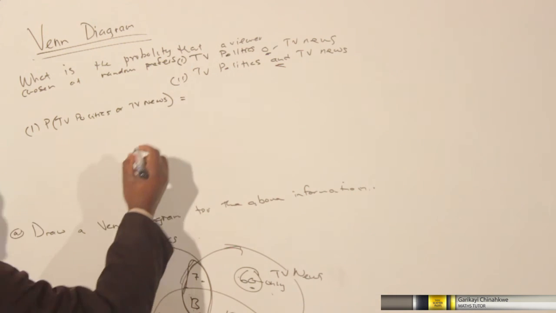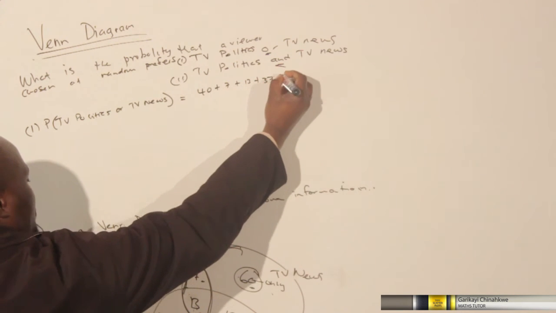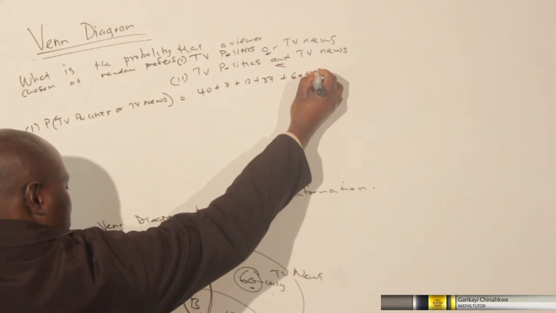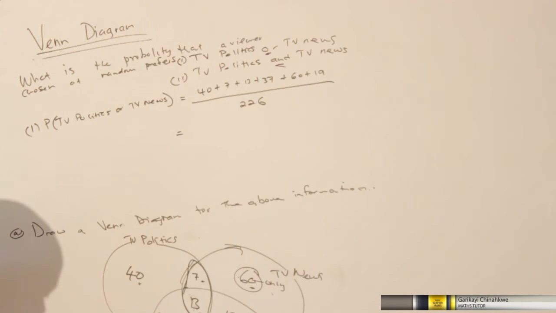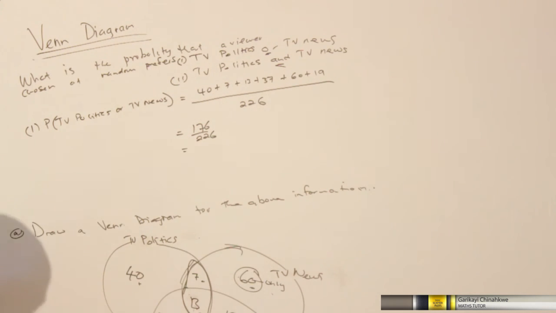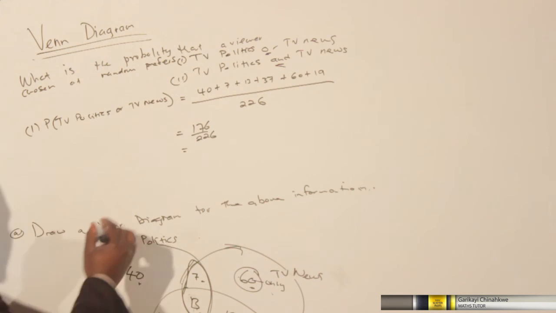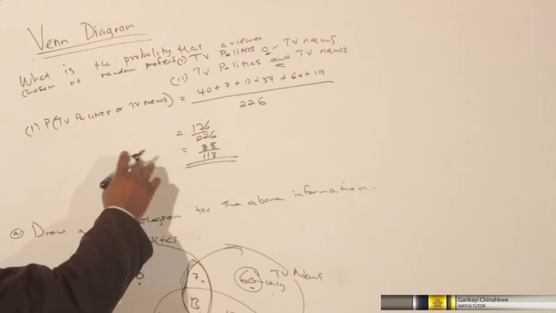In other words, you are supposed to say 40 plus 7 plus 13 plus 37 plus 60 plus 19 over 226, which is 176 over 226, which gives us 88 over 113. So that will be for or.